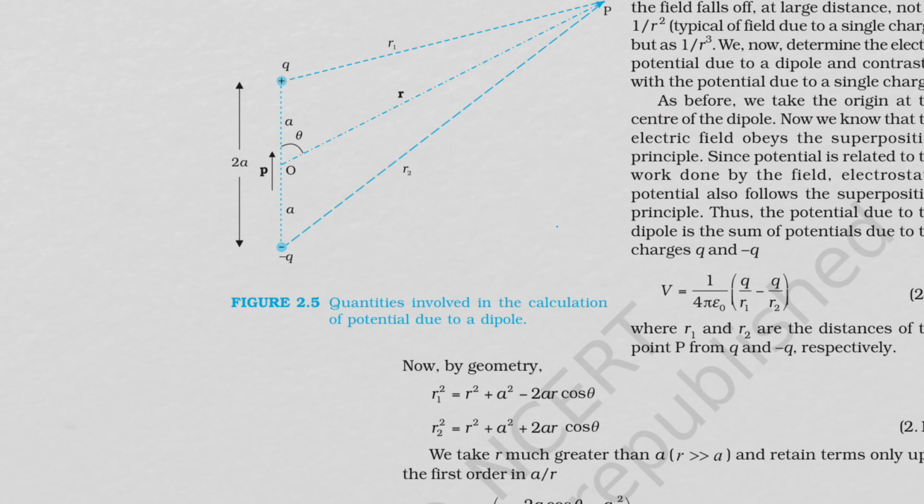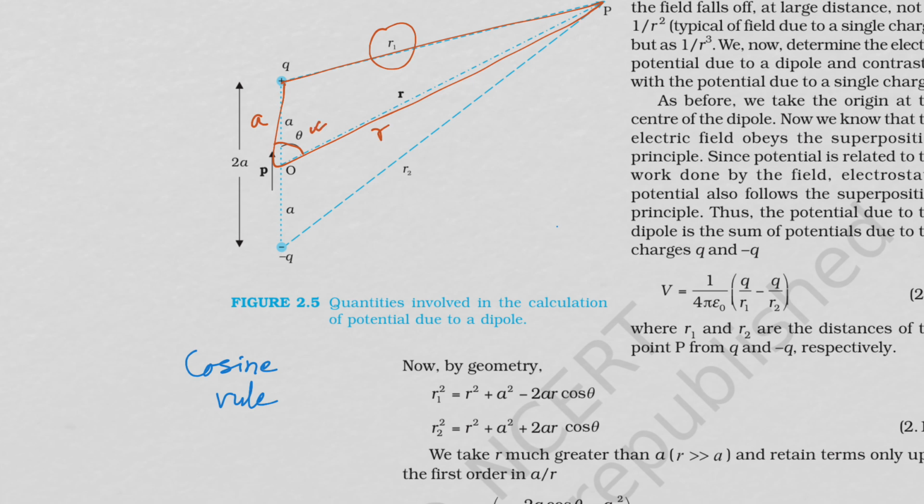First they have used the cosine rule. This is called the cosine rule, in which, if we consider a triangle where the angle between two sides a and r is theta, we can find the third side. Here you have to keep in mind that this angle is less than 90 degrees.